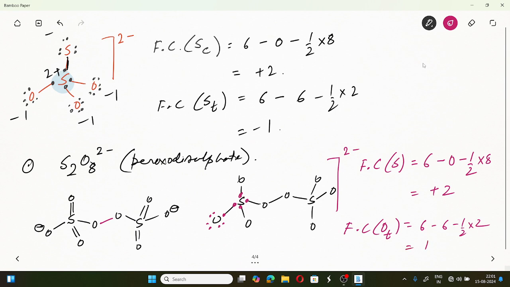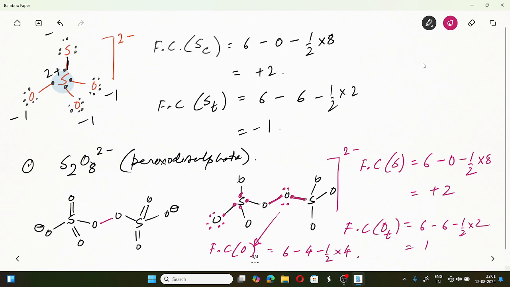And if you want to find out the formal charge of these peroxo oxygens, so formal charge over this one peroxo oxygen equals 6 minus the number of electrons in the lone pair minus half into bond pair electrons. See, there are two bonds, one on this side and one on this side, so it will be 4.